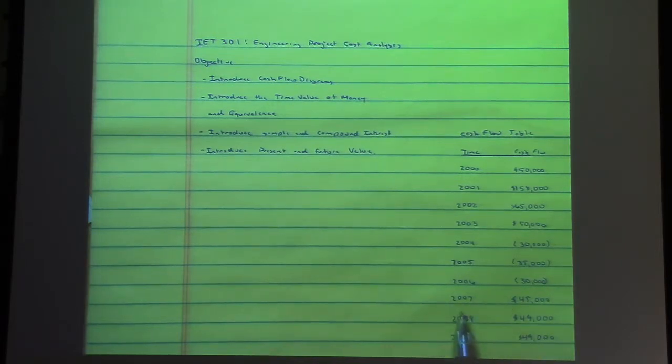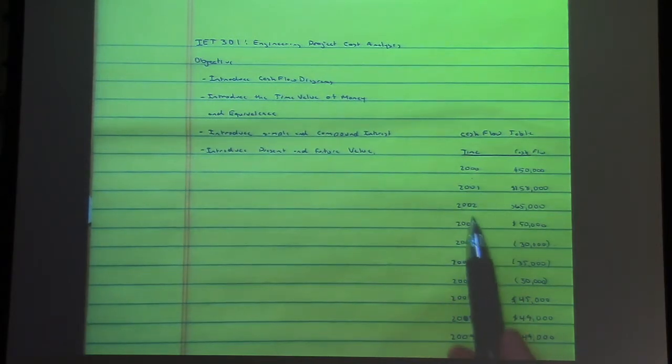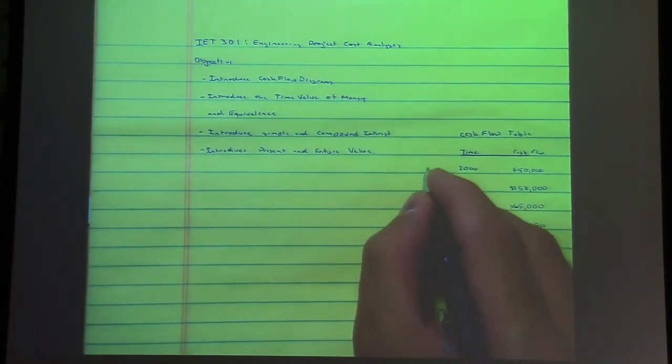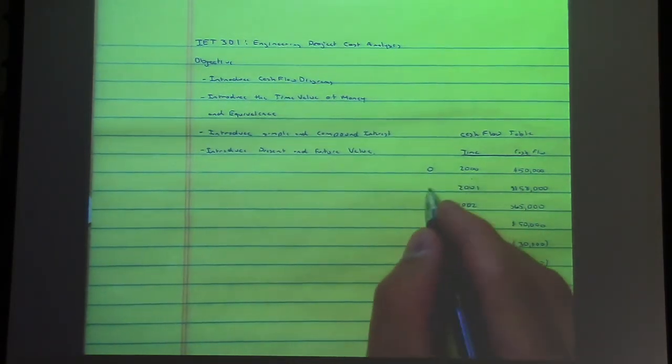So, with this tabular format set up, instead of writing these out as years 2000, 2001, 2002, and so on, we could represent these in terms of an index year or an index time. We can just assume that the first time is occurring in 2000.